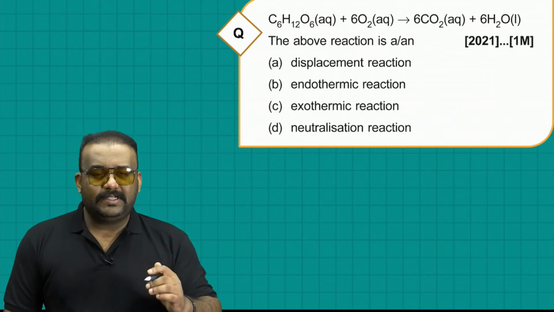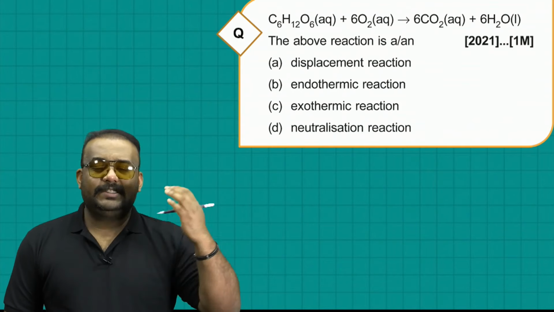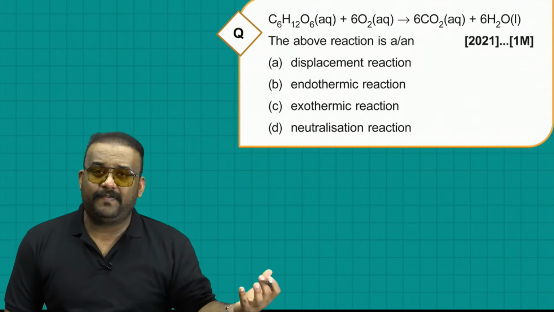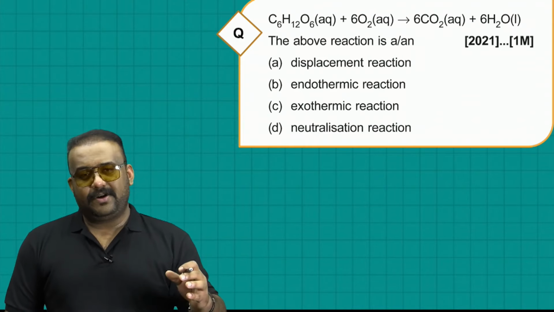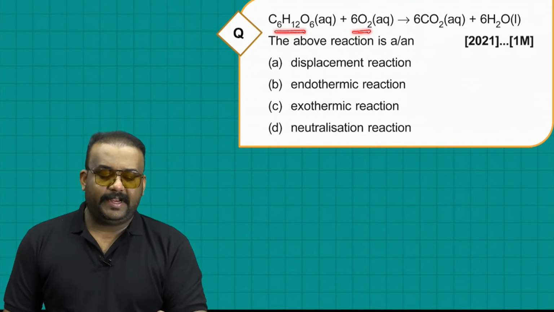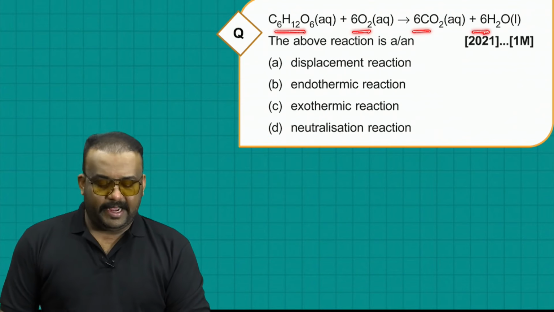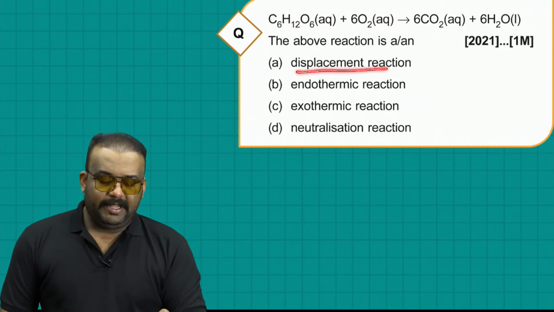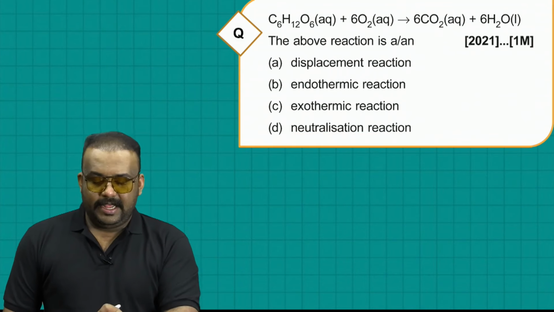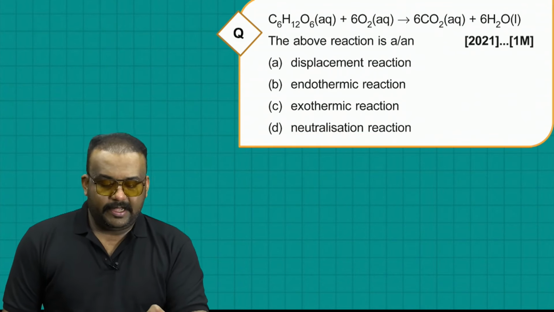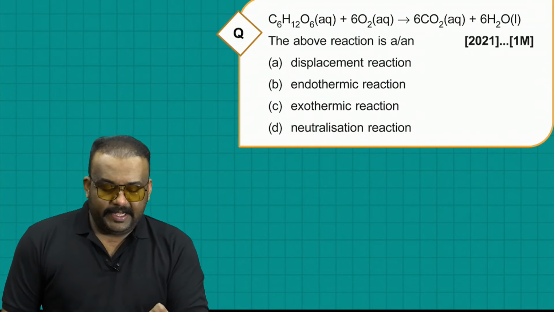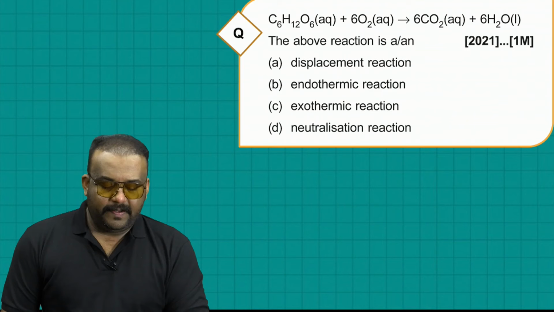Because if any reaction is accompanied by the release of energy at the end of the reaction, such reactions are called exothermic reactions. So this is a perfect example of an exothermic reaction. So it is not a displacement, it is not an endothermic reaction, it is not a neutralization reaction. It is an exothermic reaction. You guys know that exothermic reactions always release a great amount of energy.